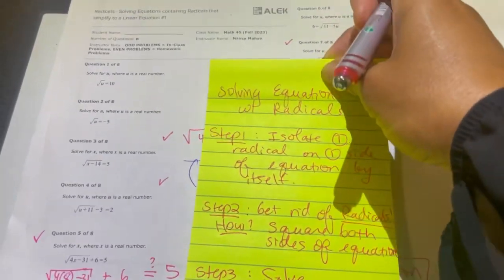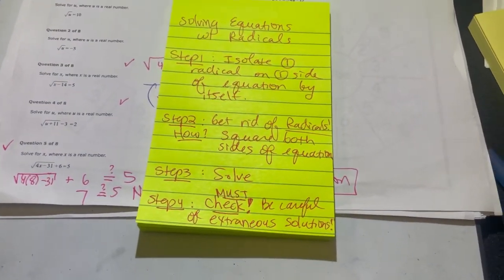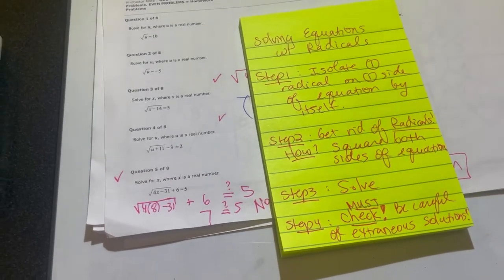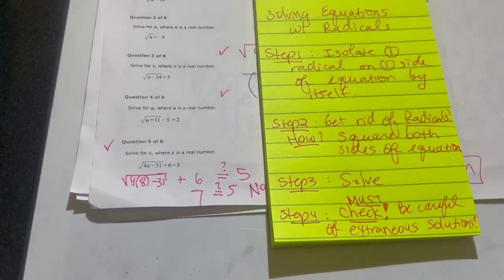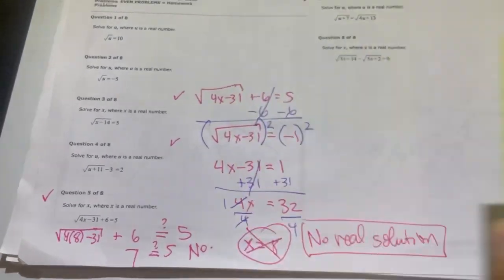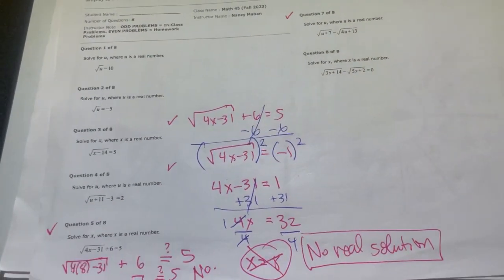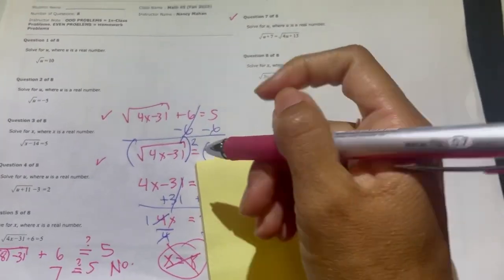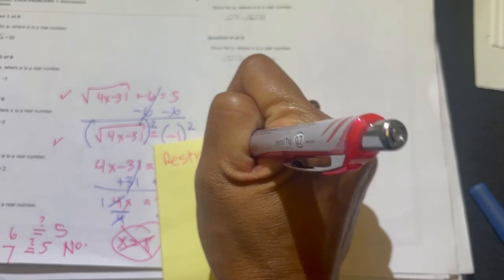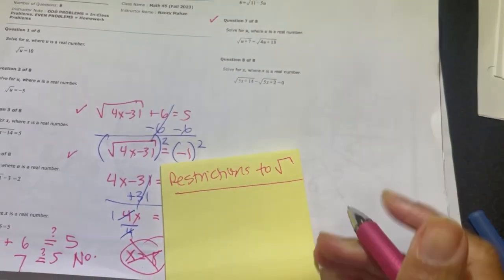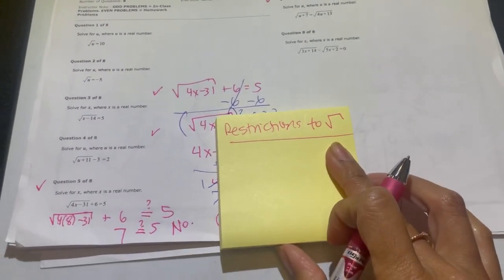You have to think of what we call the domain of a solution, meaning what are the possible solutions and what are solutions that will not work. So here, when you have a radical sign, there are restrictions. So here I'm just explaining to you why we have extraneous solutions.